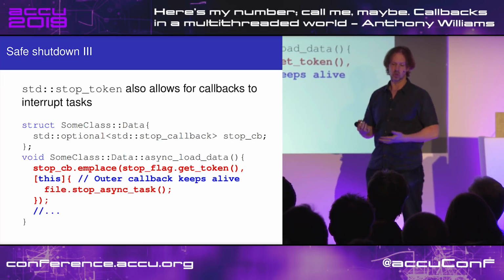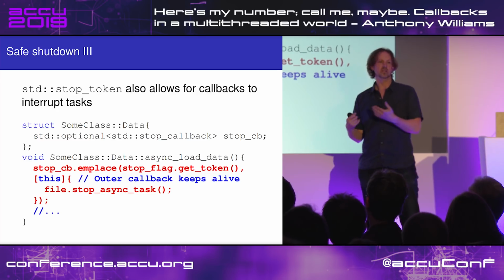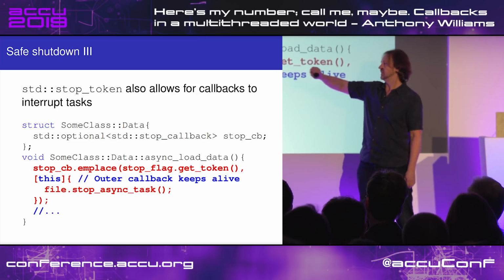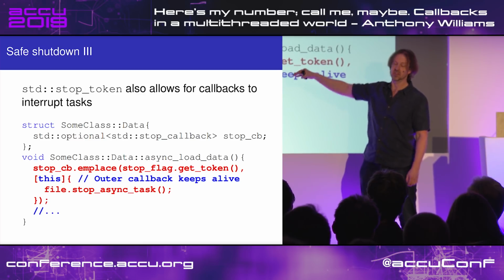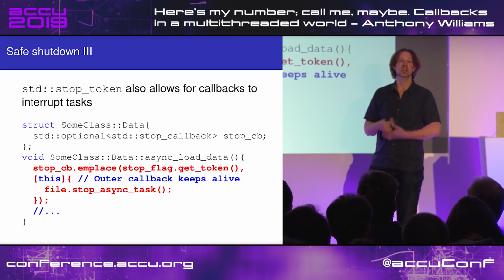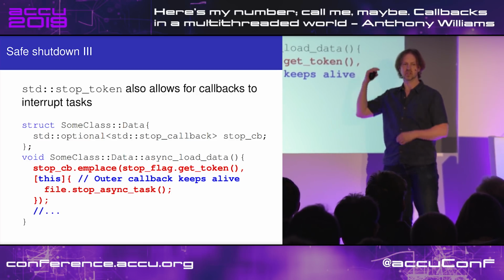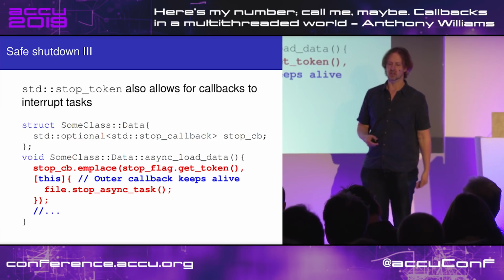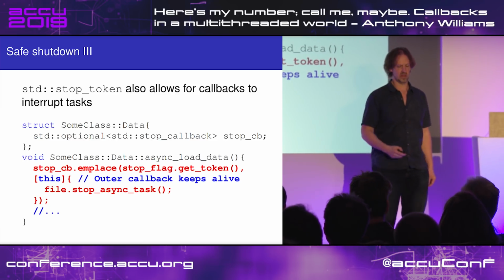So we don't need to worry, and the data is owned by the shared pointer that we had when we registered the outer task. It's only when the data is destroyed that we would worry, and the callback will have gone away by that point.